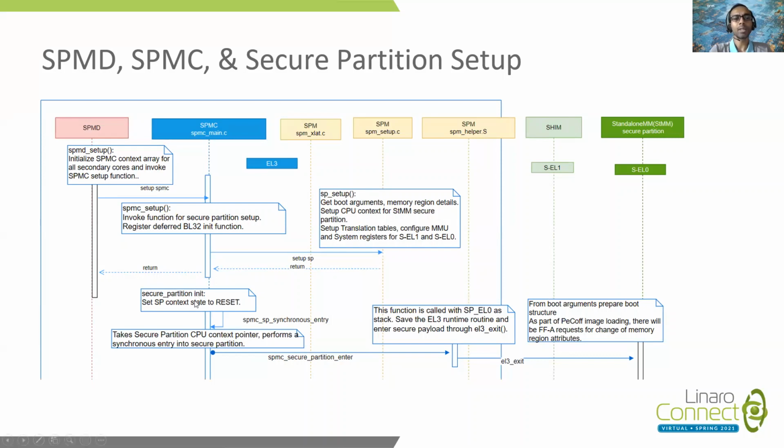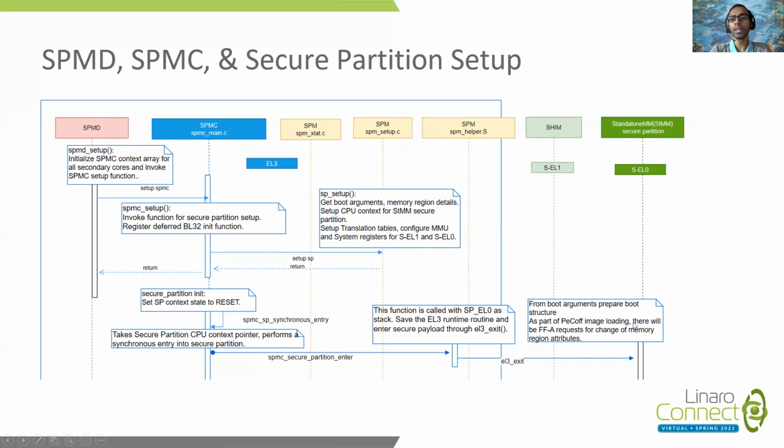And once the secure partition init routine is invoked, it will try to make a jump to the user level by making a function call, where the runtime EL3 context will be saved and an exit will be made to the secure user mode.